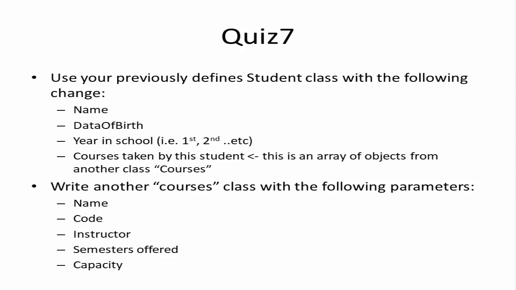It has these parameters: name, code, instructor, semester offered, capacity, and then you come up with the types yourself. And then use these courses inside your previously defined Student class, because previously the Student class had a member called courses, but in our previous quiz we had this as an array of strings. Right now it should be an array of objects from the Courses class, right?